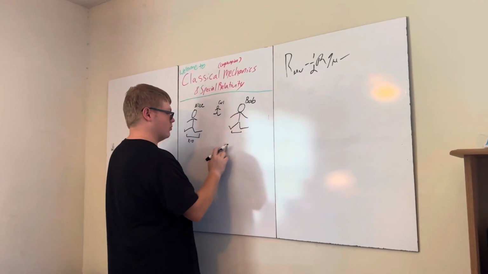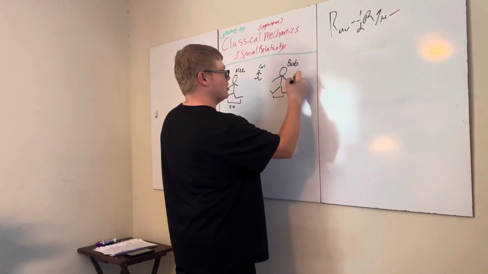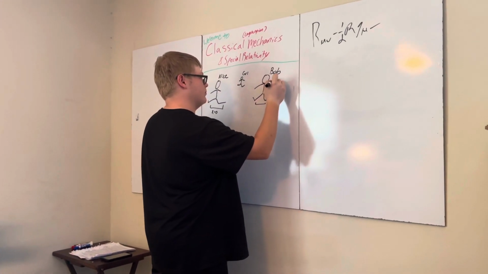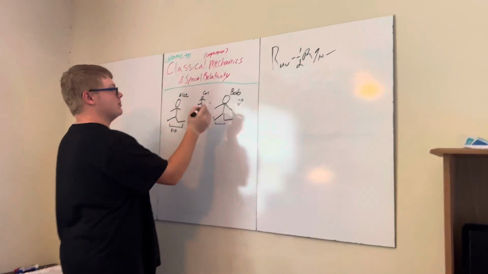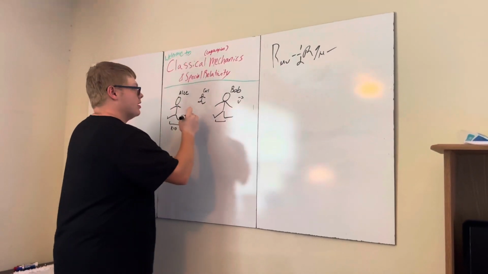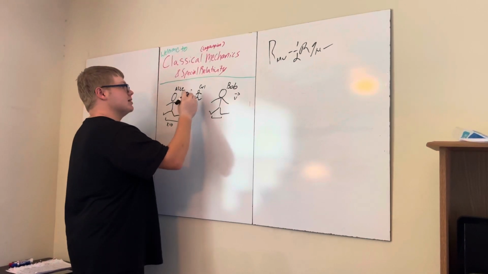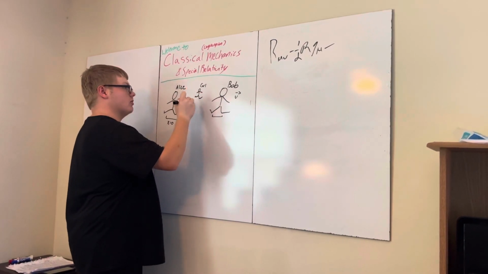So Bob is in a reference frame, so to speak, moving with velocity v in this direction. The argument applies for either direction, but for simplicity's sake. And then here's Carl.